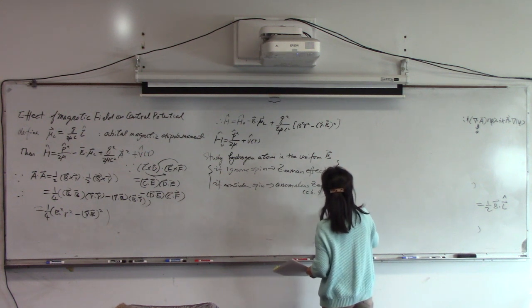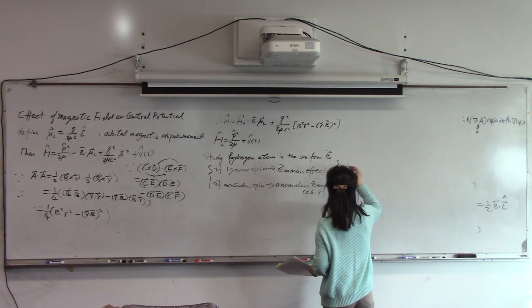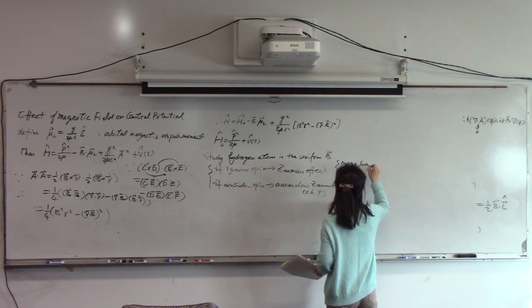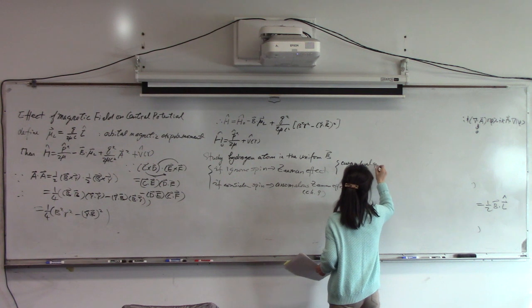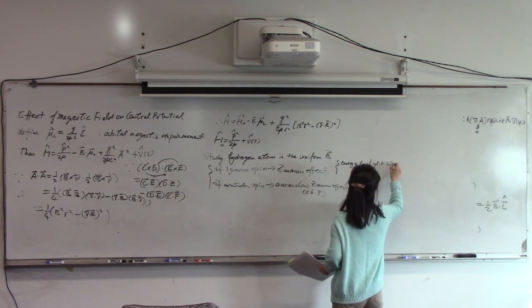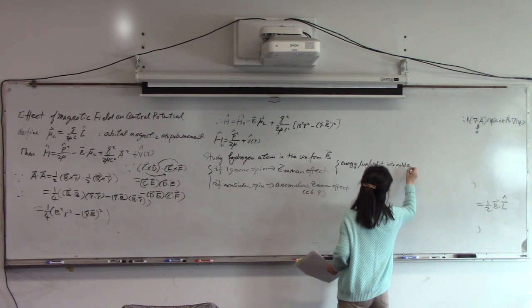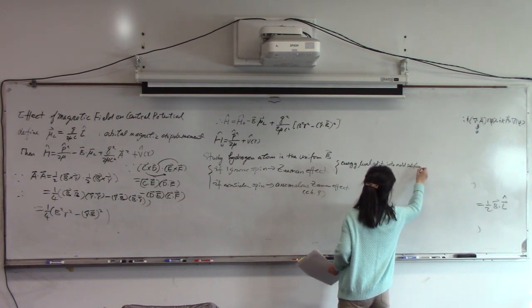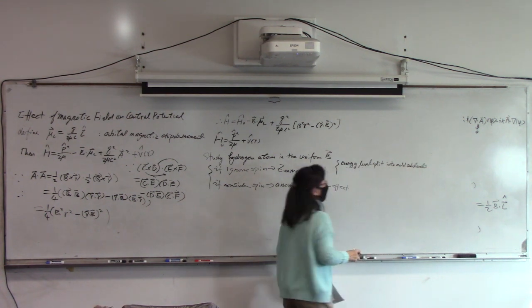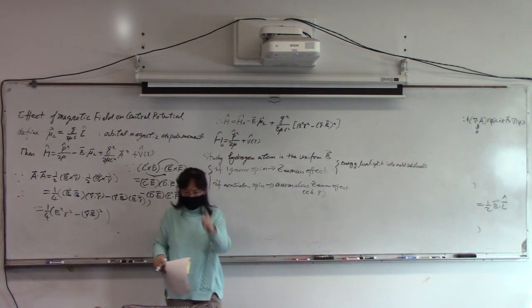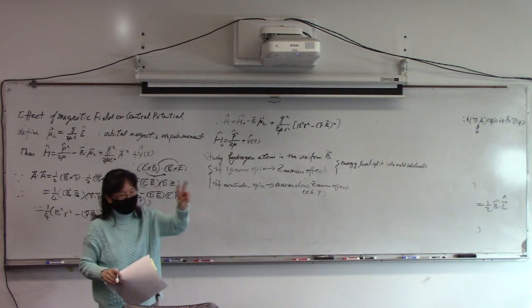This one is, let's say, an energy level split into sublevels. So all the levels, 1, 3, 5, not 2, 4.